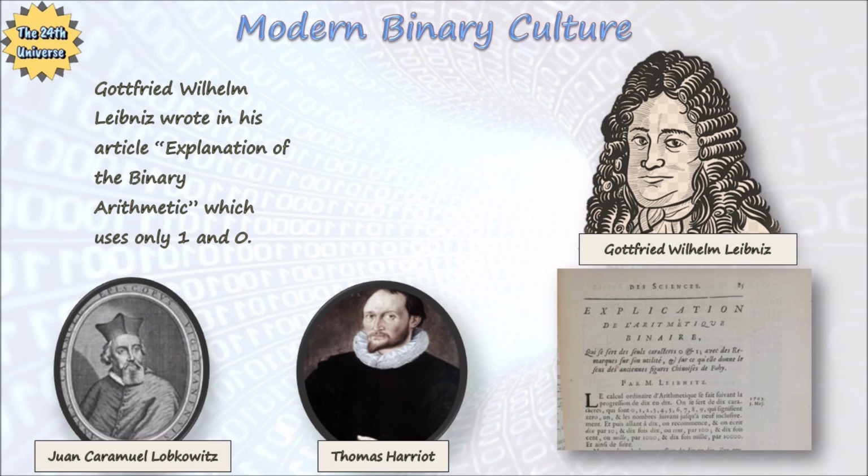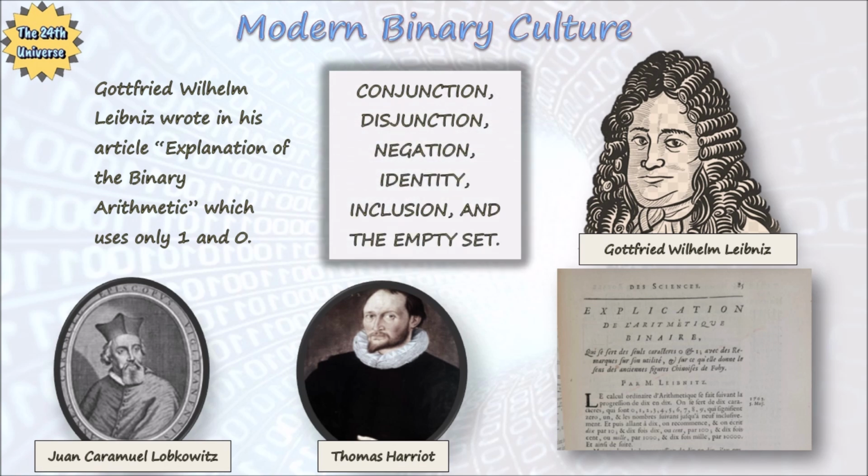His manuscripts contained a table of binary numbers and their notations, which demonstrated that any number could be written on a base 2 system. Regardless, Leibniz simplified the binary system and articulated logical properties such as conjunction, disjunction, negation, identity, inclusion, and the empty set.